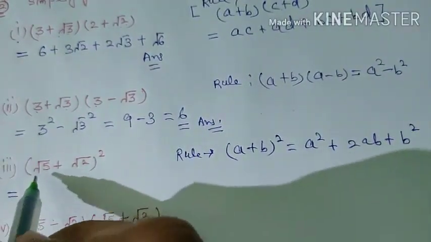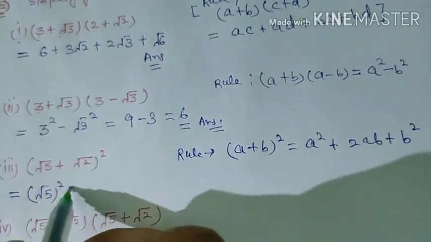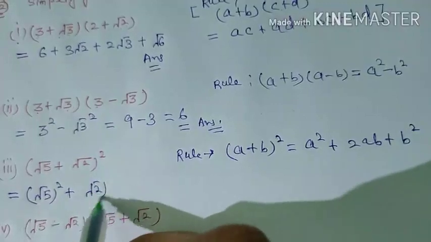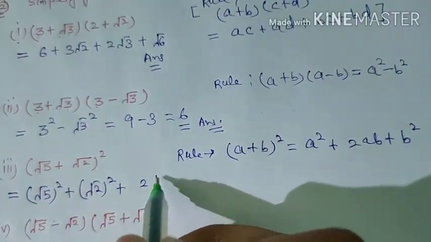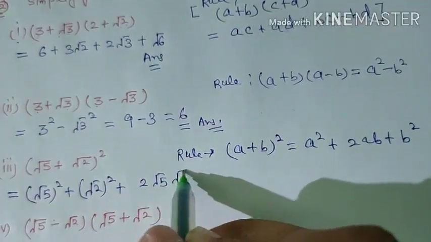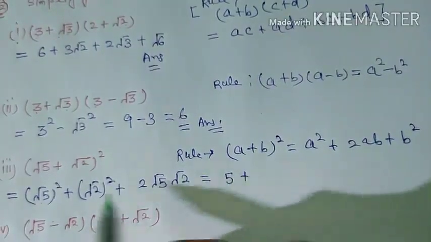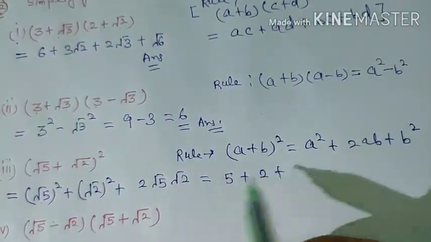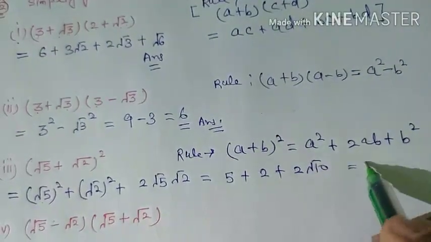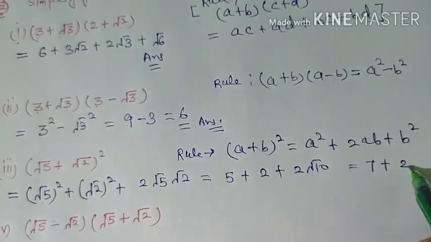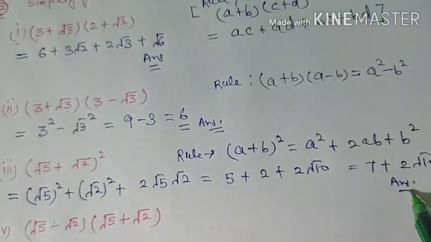According to this rule, we can write (root 5) whole square, (root 2) whole square, and 2 root 5 root 2. Root 5 square is 5, root 2 square is 2, and this will be 2 root 10. So 7 plus 2 root 10 will be the answer.